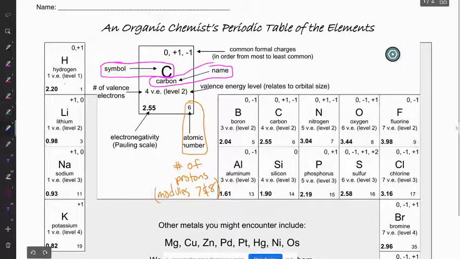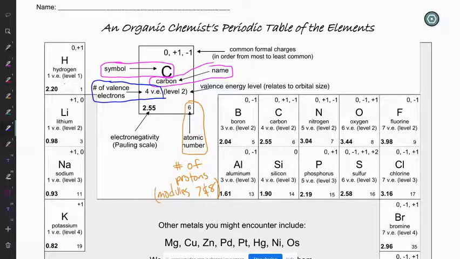What we really care about is the number of valence electrons. Number of valence electrons essentially tells me how many dots that atom would have around it when I first draw a dot structure of it. So for example, this tells me that carbon, if I were to draw a dot structure for carbon, I put a C with 4 dots around it.